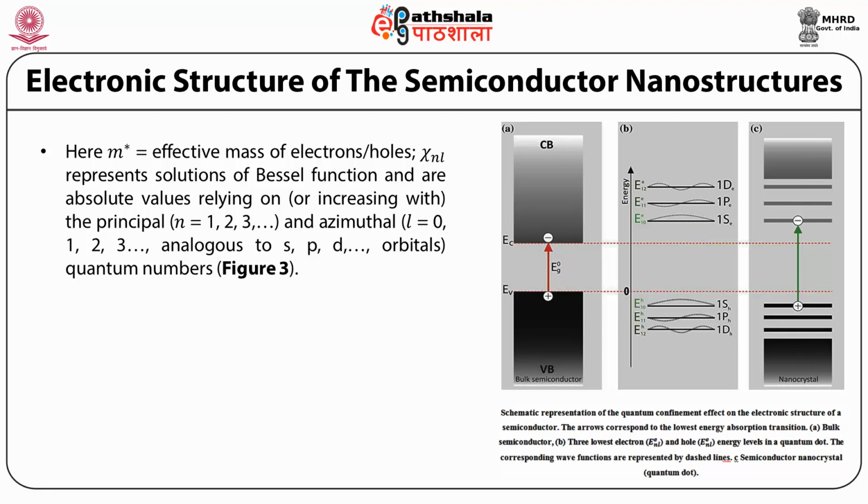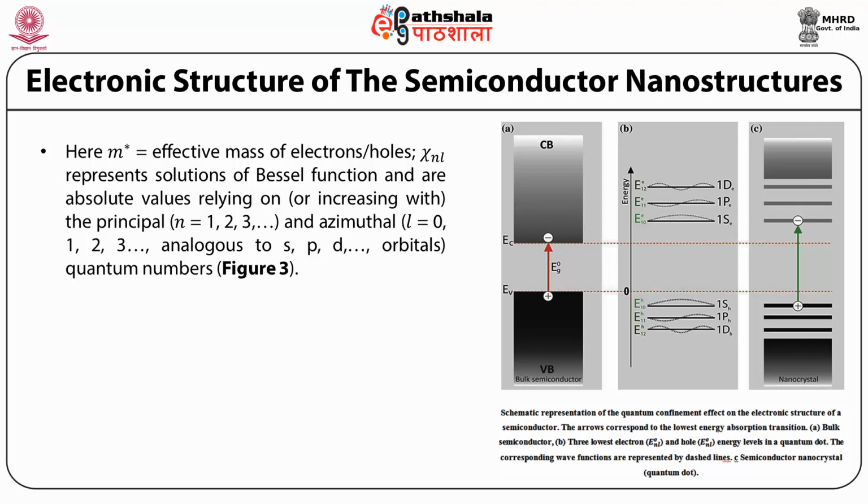And the third figure shows a semiconductor nanocrystal. So the minimum energy level, which is described by n equal to 1 and l equal to 0, demonstrates the symmetry of the 1s orbital of the hydrogen atom.